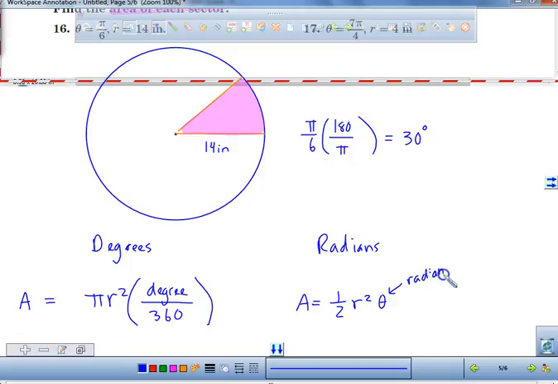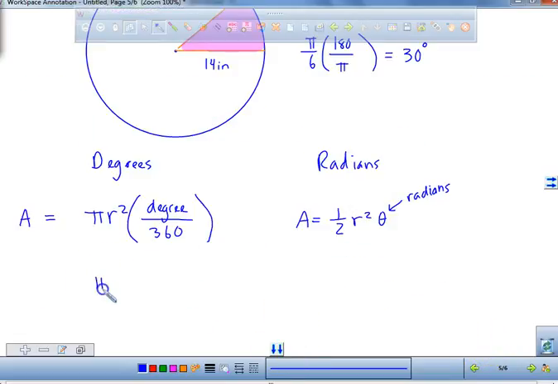So we're going to plug this into the calculator so you see it works both ways. Here we go: pi. What's our radius? 14. What's our degree? 30. That's how I would plug it into the calculator to get my approximate value.